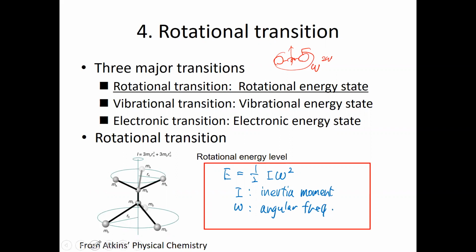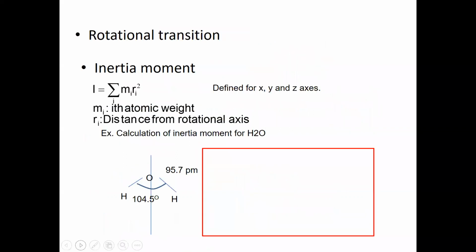And this inertia moment can be described like this: I equals the sum of the mass of the atom times r squared, where r is the distance from the rotational axis, and you sum up over all the atoms.